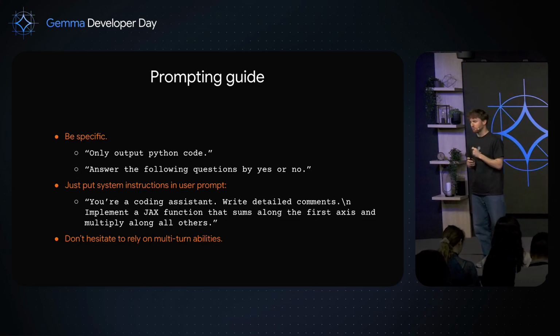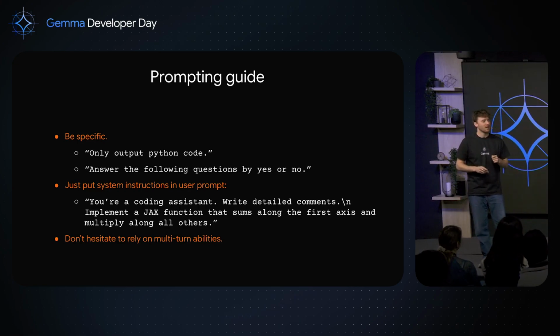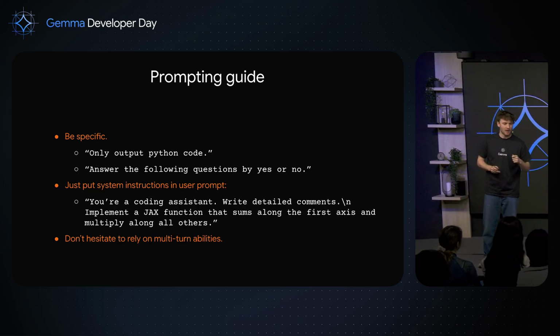If you only want Python code, just say only output Python code, right? If you want only yes or no, just say answer the following questions by yes or no, right? Just be as specific as possible, and you'll see that Gemma 3 is much stronger than Gemma 2 at instruction following overall, be it for respecting JSON formatting or whatever you developers want to use Gemma for.